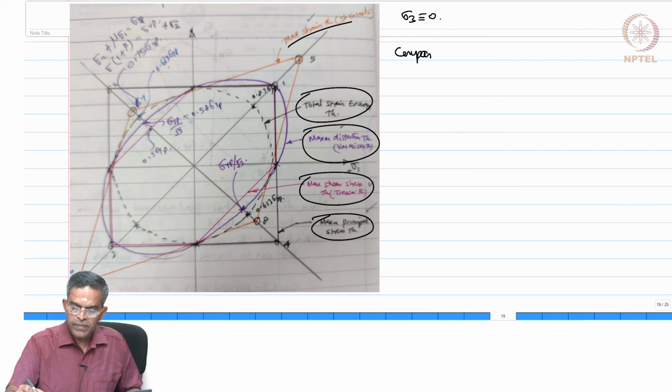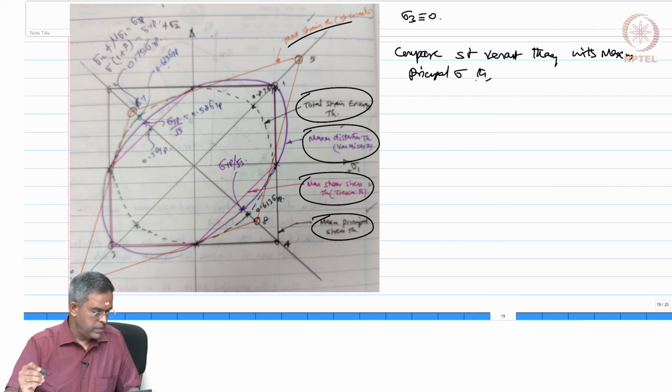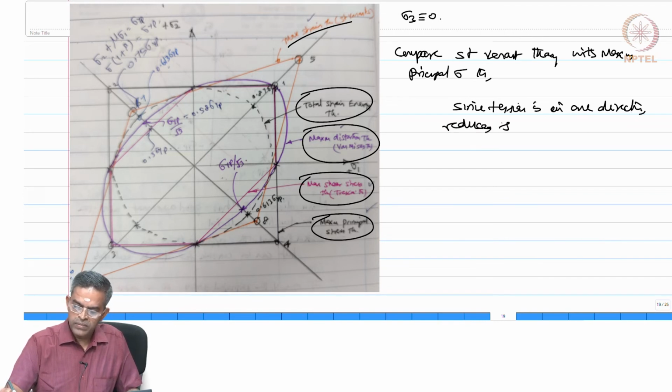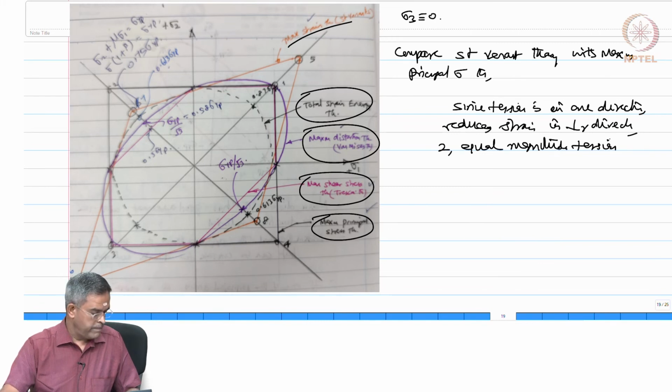When we compare Saint-Venant's theory with maximum principal stress theory, it is seen that since tension in one direction reduces the strain in the perpendicular direction, two equal magnitude tensions will cause yielding at much higher values.